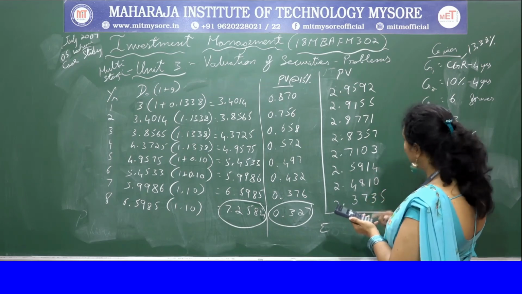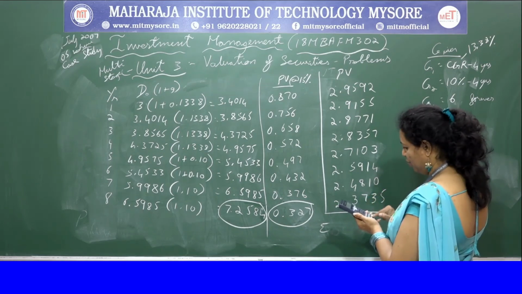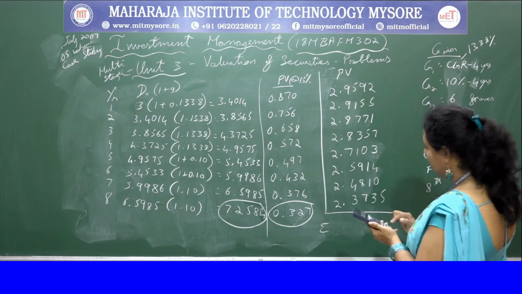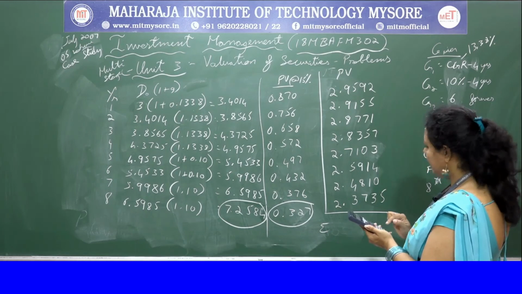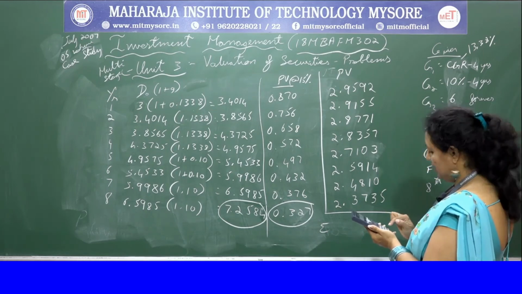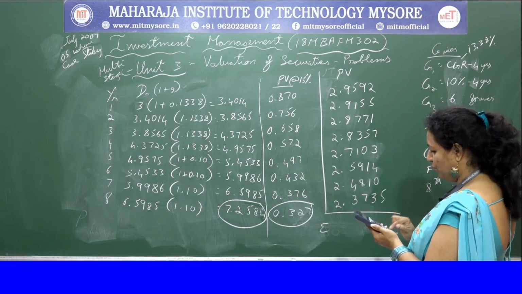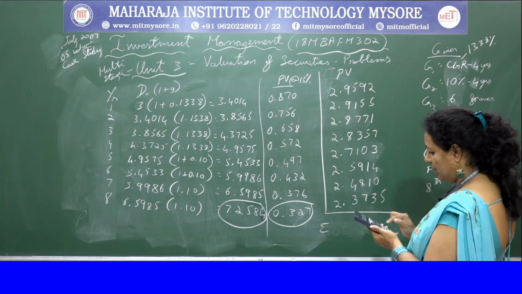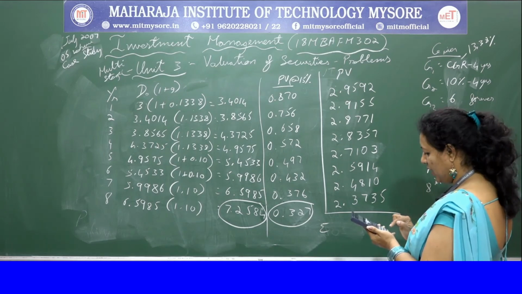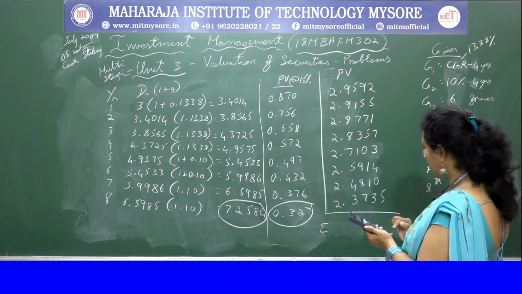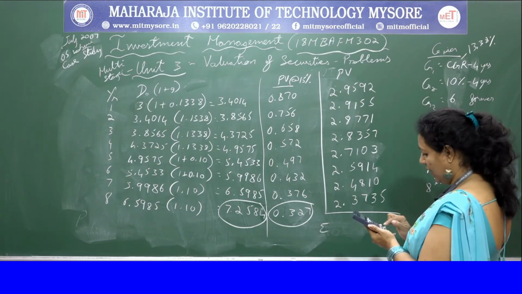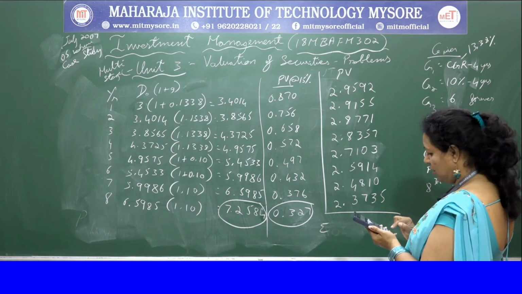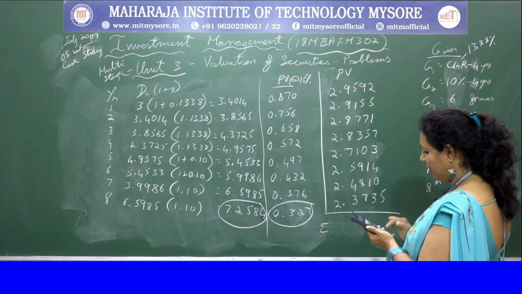Let's add all these. 2.9592 plus 2.9155 plus 2.8771 plus 2.8357 plus 2.7103 plus 2.5914 plus 2.4810 plus 2.3735.